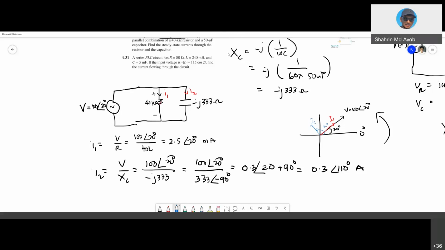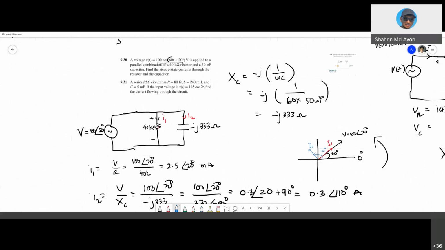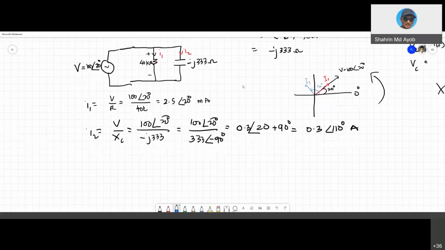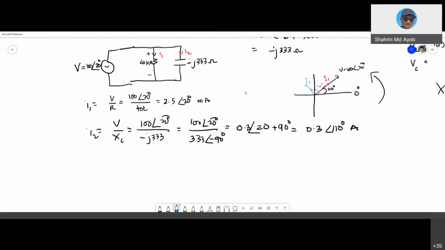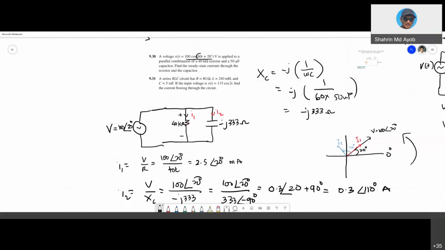Usually if the question gives you the voltage in the time domain, the final answer should be converted back to the time domain. So this is the phasor answer. Your I1 in the time domain is 2.5, and you need to look at the function used for the voltage source. The function used is cos, and the omega is 60.